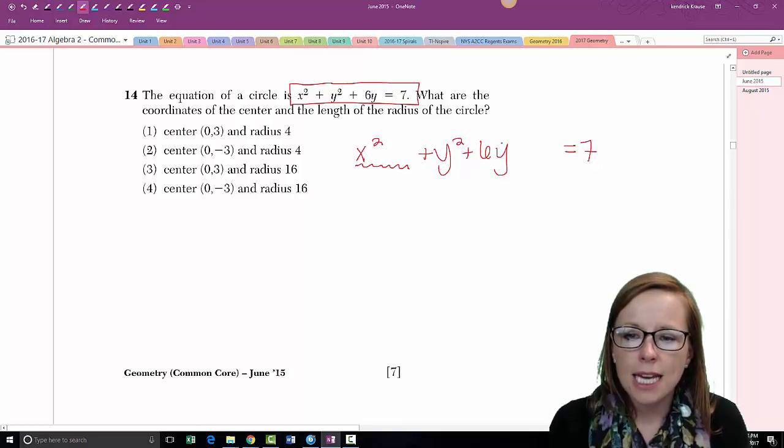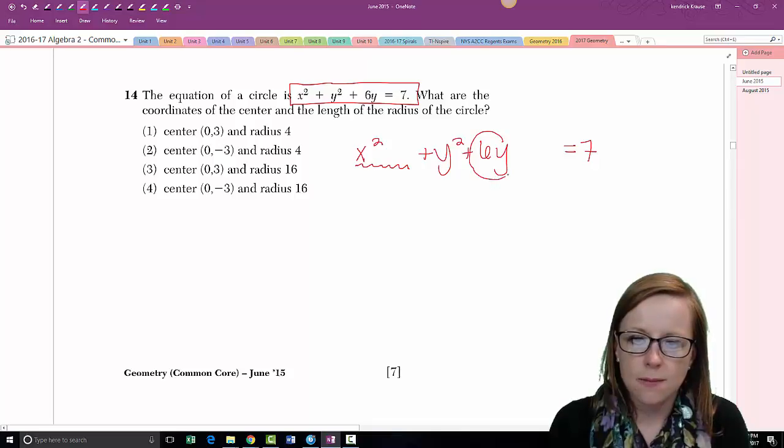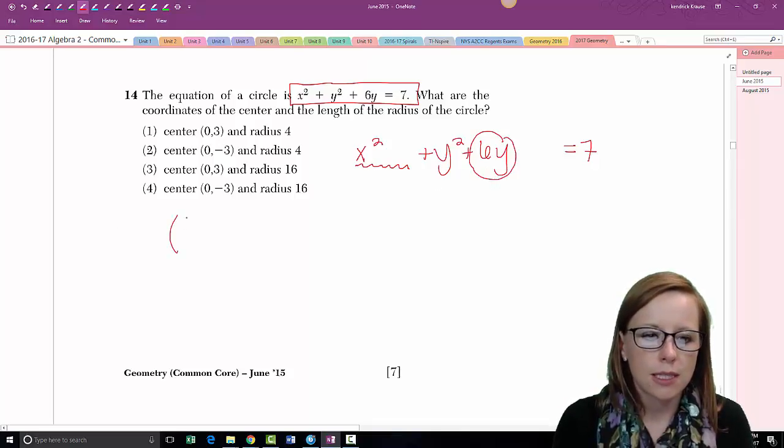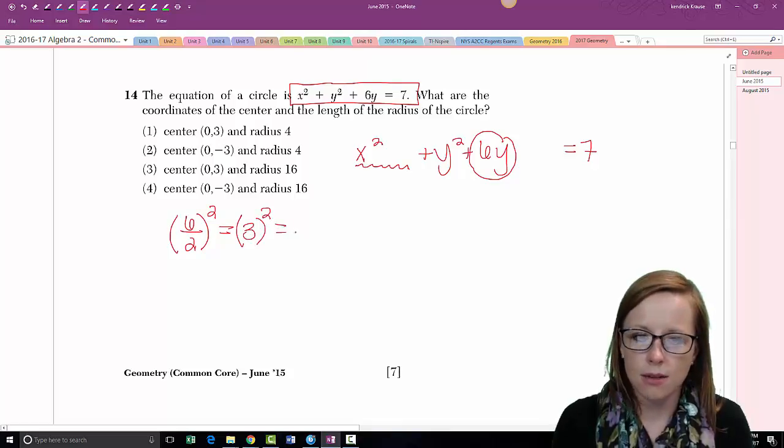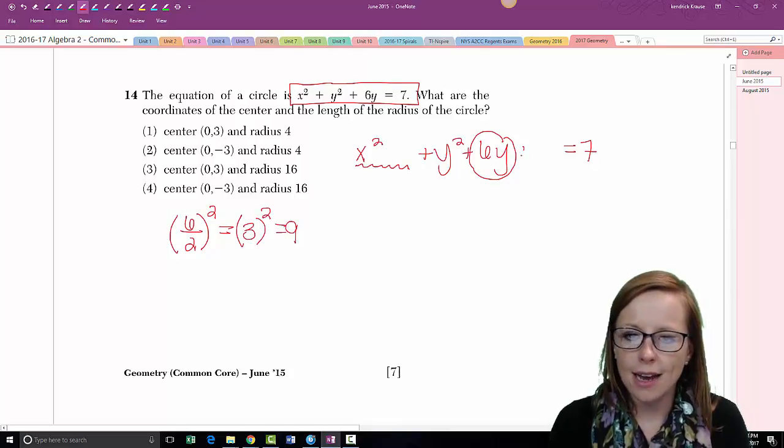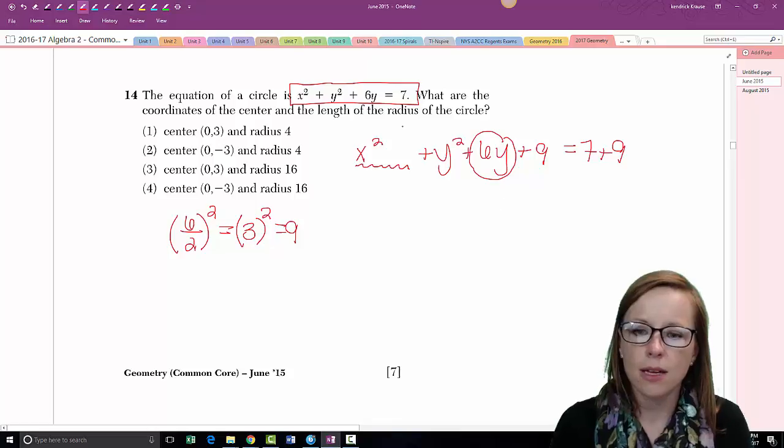I'm going to take this 6 and divide it by 2, and square it. So 6 over 2 is 3, squared is 9. So we're going to add 9 to the left, and if you learned anything in 7th grade, it's to balance your equations, so add it on the right.